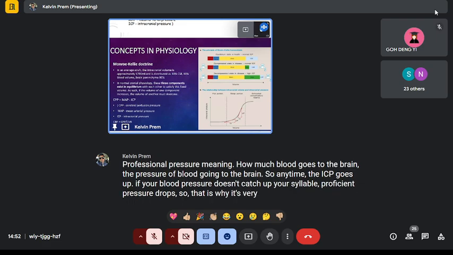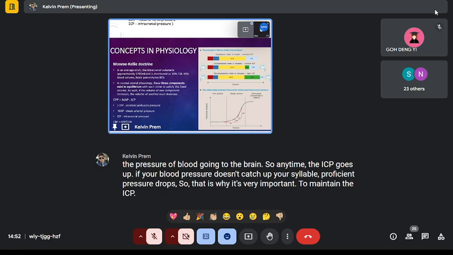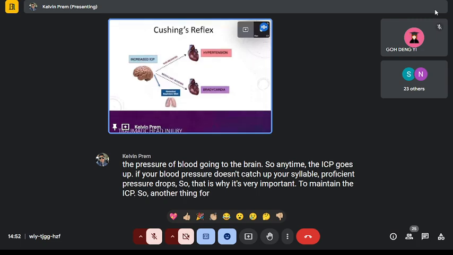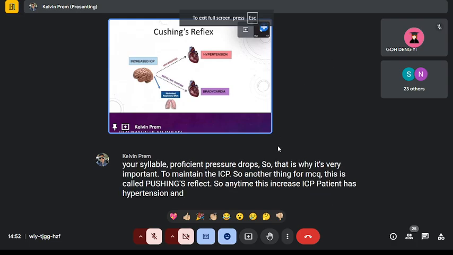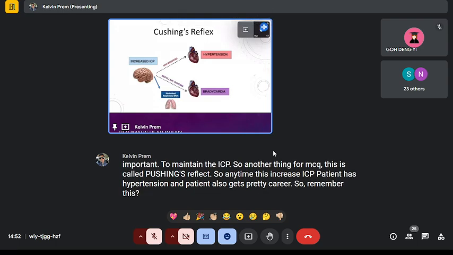That is why it's very important to maintain the ICP. Another thing for MCQ is called Cushing's reflex. Anytime there's increased ICP, the patient has hypertension and also gets bradycardia. So remember this Cushing reflex diagram.